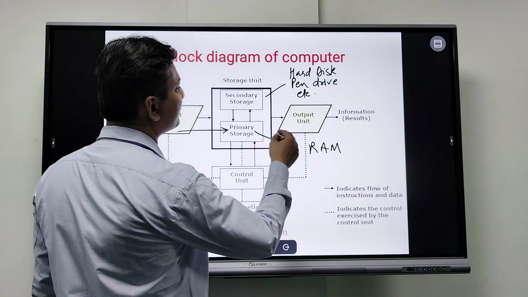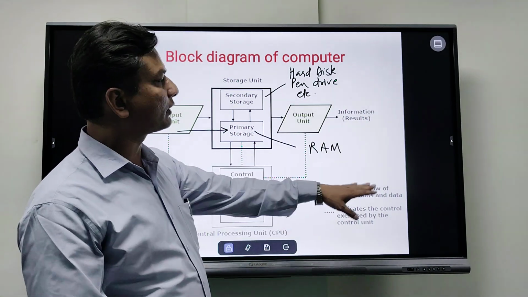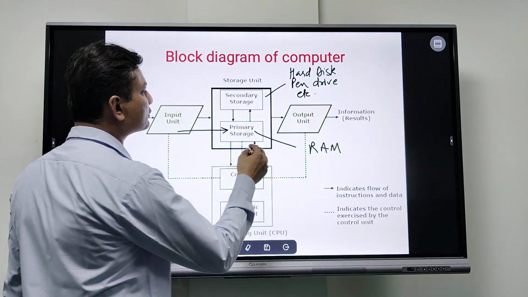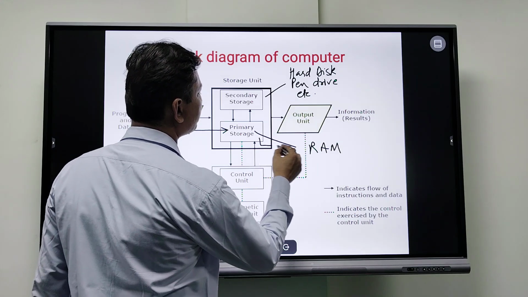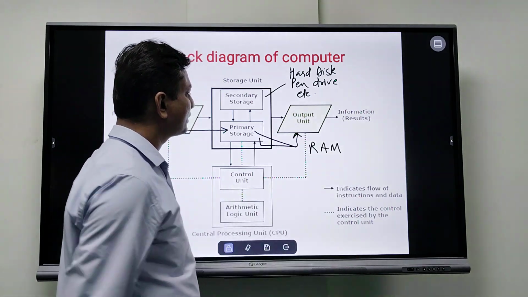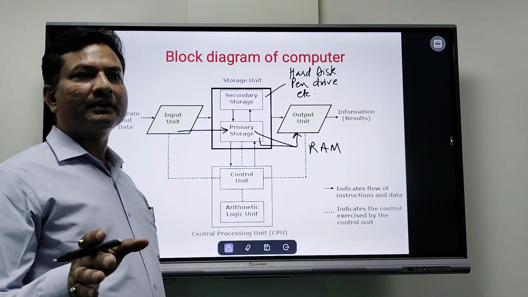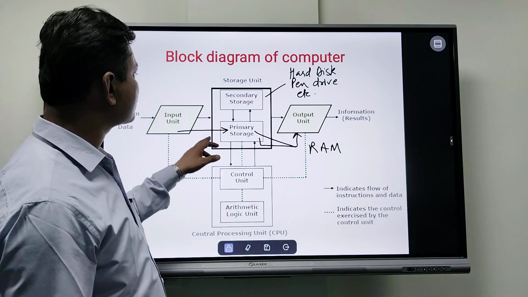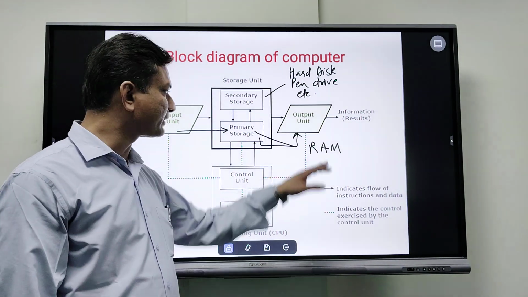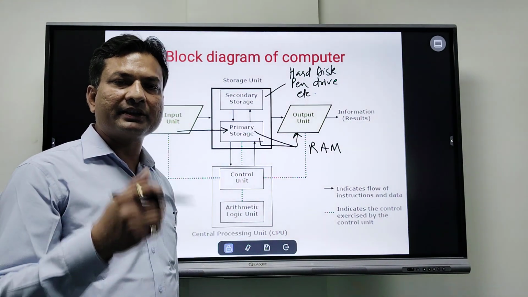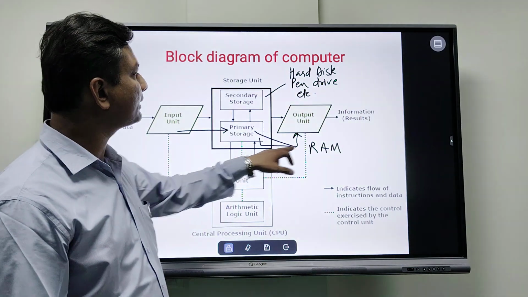And the output that we receive on our screen or on our printer is also from the primary storage. Means the input that we give to the computer goes to the primary storage, that is RAM, and the output that we receive from the computer is also from the RAM.